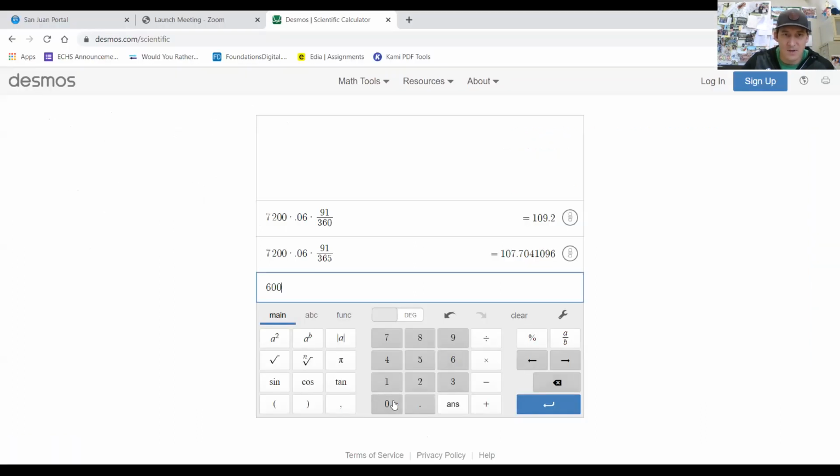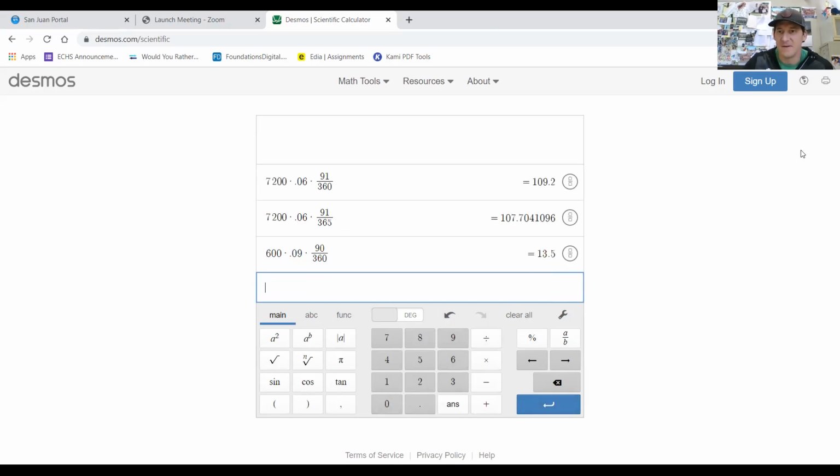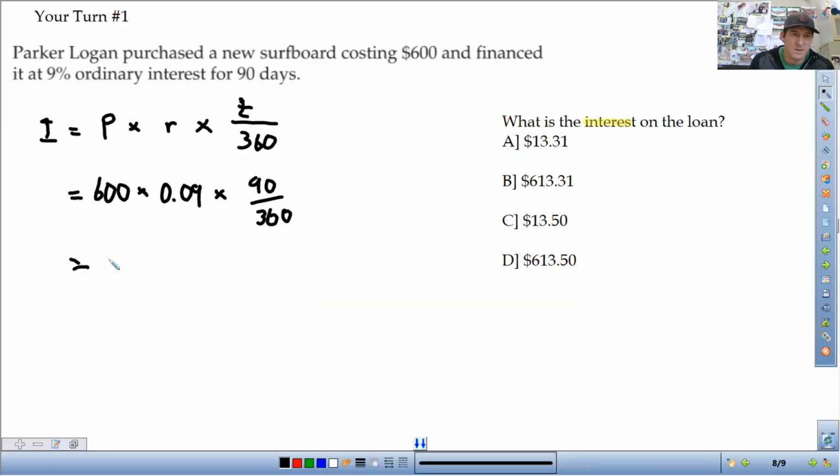So 600 times 0.09 times 90 over 360, $13.50. So the answer is C, $13.50.